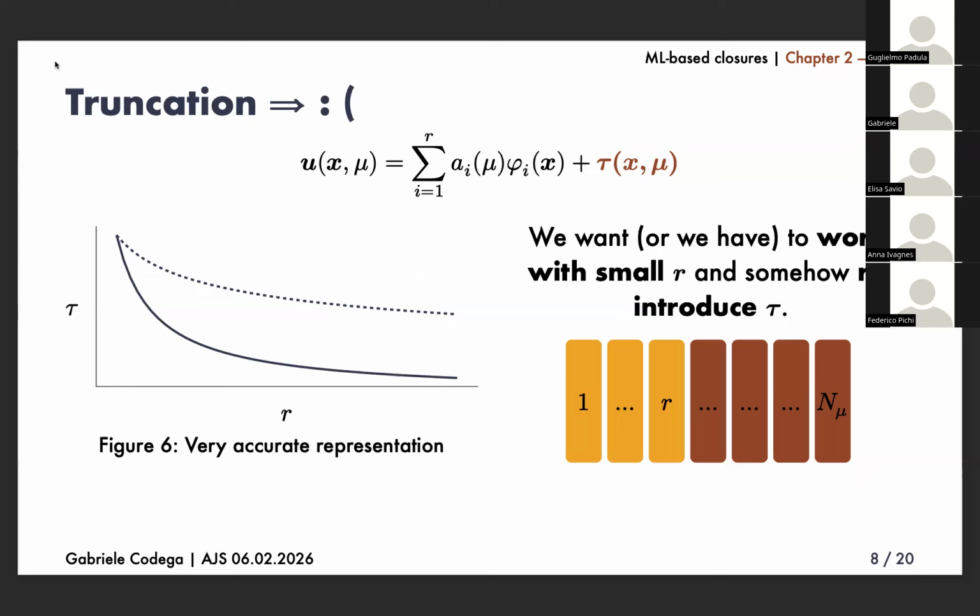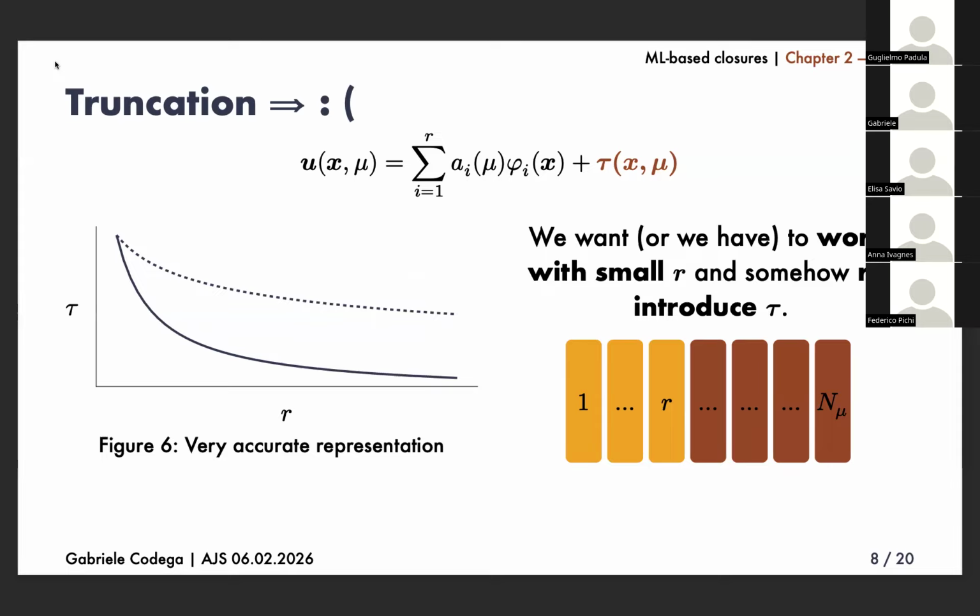So if my data is made of 5 snapshots, I cannot hope to get more than 5 basis functions, right? And so sometimes you either have very few data to work with, or sometimes you just want a small model. And either way, you need to account for this correction term if you want to improve the accuracy of your solution, right?